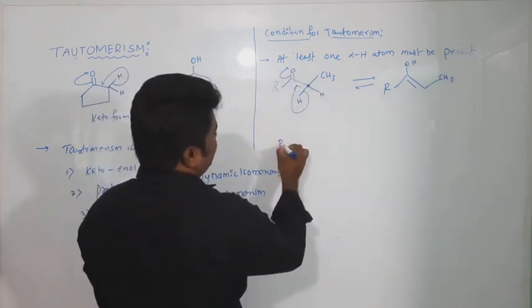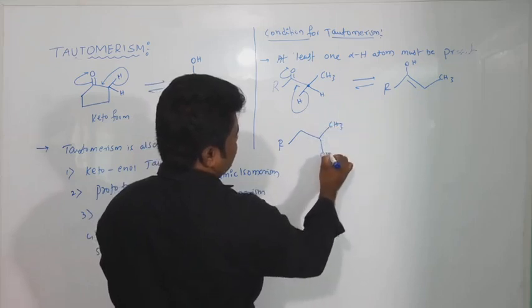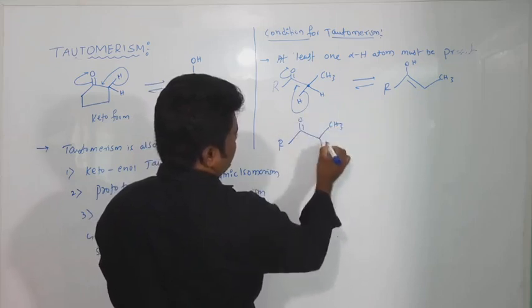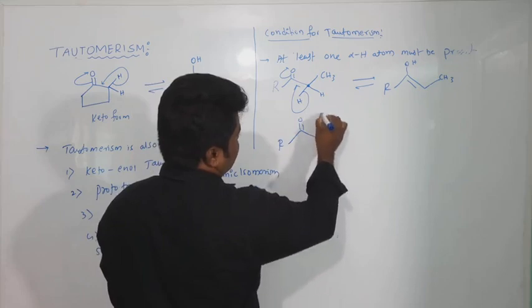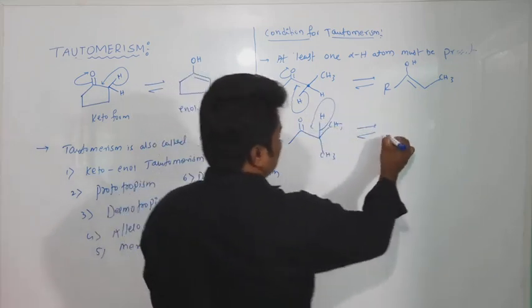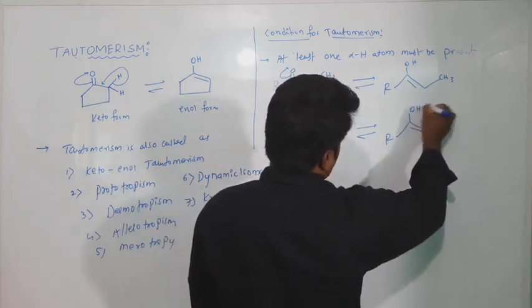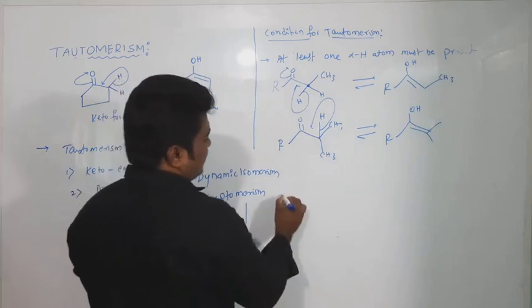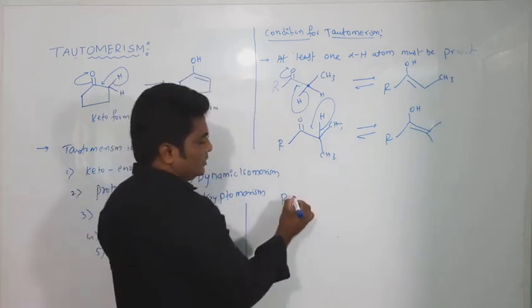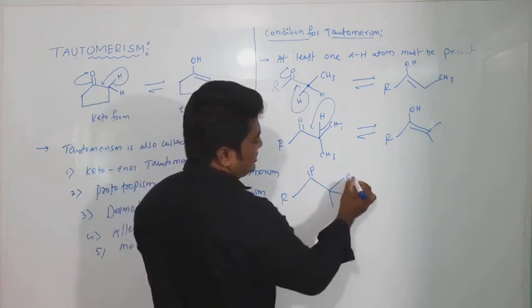Now for example, if you take this one, CH3 and here a double bond. One alpha hydrogen is there. This is the alpha hydrogen. Again tautomerism is possible. This is R and here you get OH. This is also tautomerism. Suppose you take this one: this is a carbonyl group and here all CH3 groups are there.